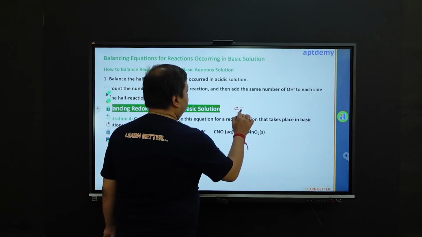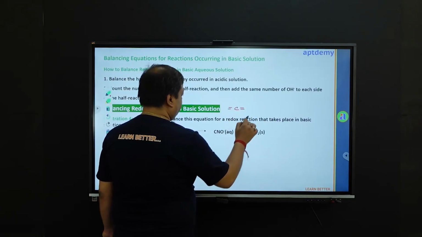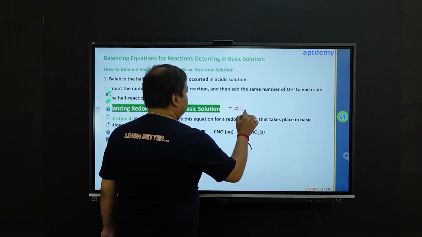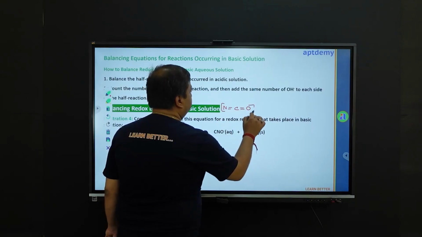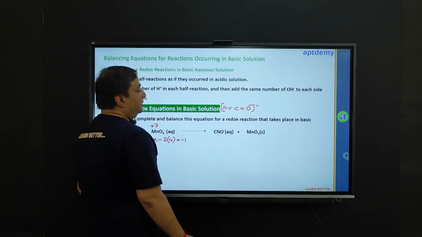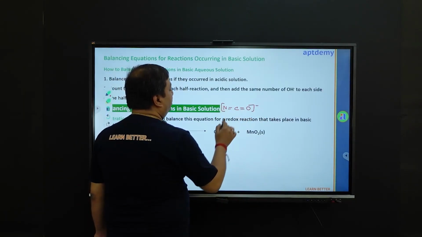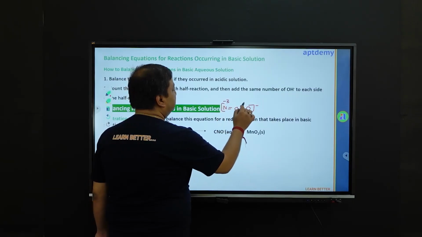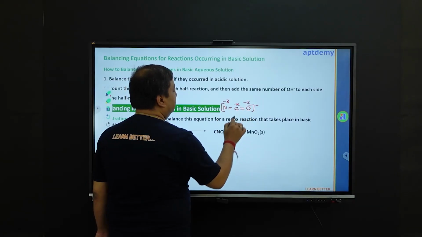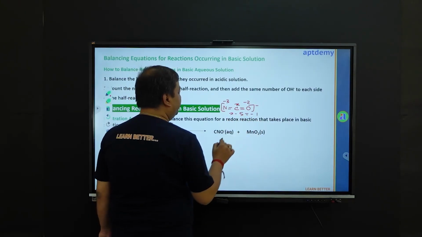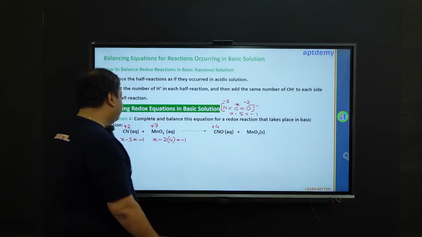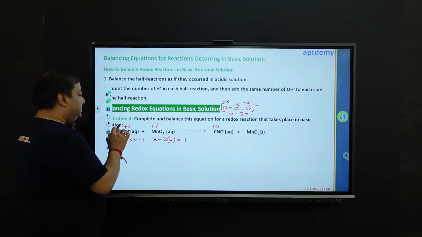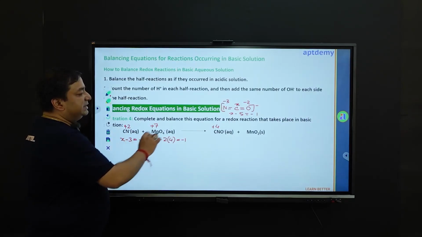If you draw the Lewis structure of CNO minus, as you can see, C is connected to N and O both. So this is -3, this is -2, and this is X. So we have X minus 5 equal to -1, and that means the value of X would be +4.